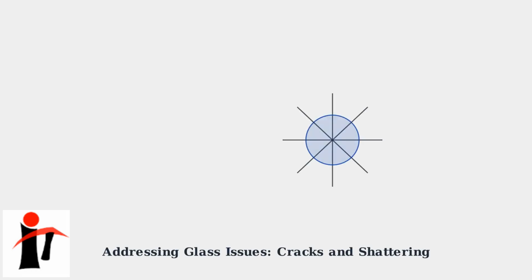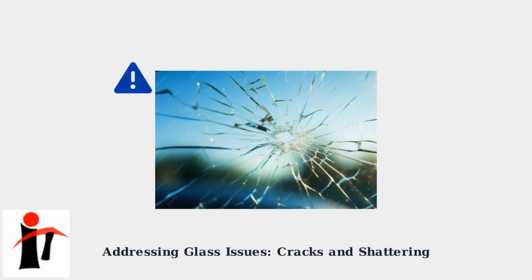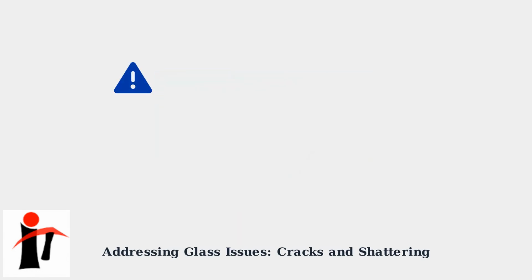When the rear window glass develops cracks or shatters, professional replacement becomes essential due to the unique properties of tempered glass used in automotive applications. Tempered glass in the Tesla Model S rear window is designed to shatter into small, blunt pieces upon impact. But when it breaks unexpectedly, it can create sharp shards that pose significant safety risks.